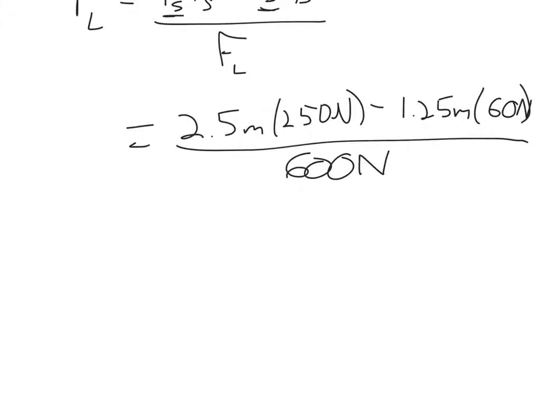Okay. Well, let's do that in the old calculator. 2.5 asterisk 250 subtract 1.25 asterisk 60, enter, divide 600. This is going to come out nice. All right.